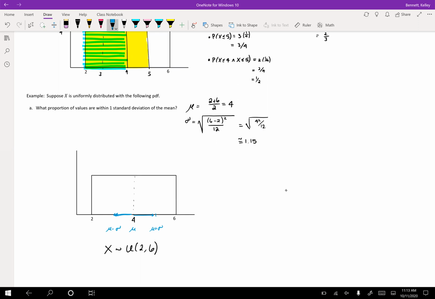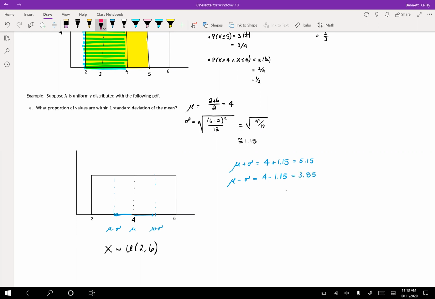I want to know what these values are so that I can compute the area. So mu plus sigma is 4 plus 1.15, and mu minus sigma is 4 minus 1.15. So that's going to give me 5.15, and this is going to give me 3.85.